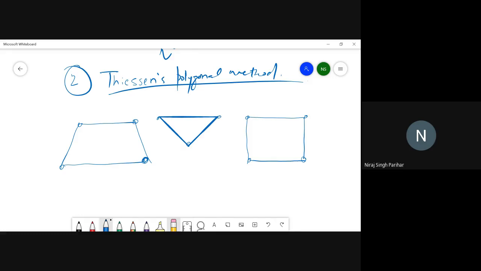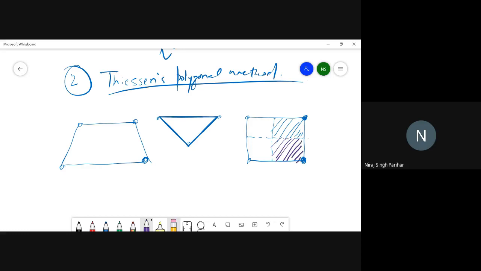For example, let's say if a square pattern is formed, it is simple for me that I might divide it into 4 equal parts, and for this particular station, I'll give this as an area.